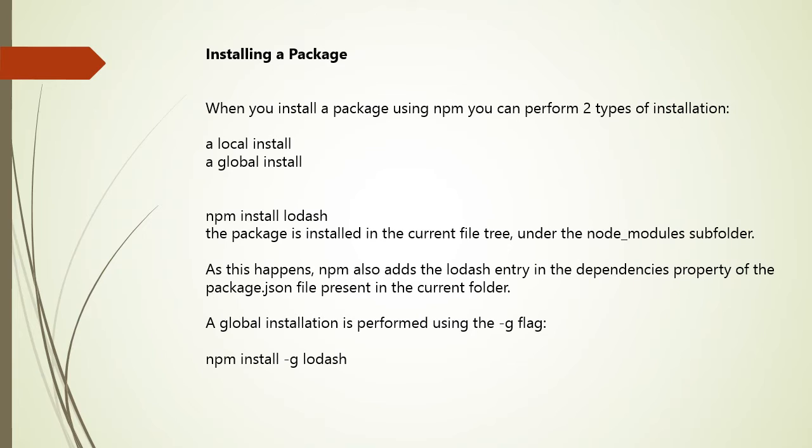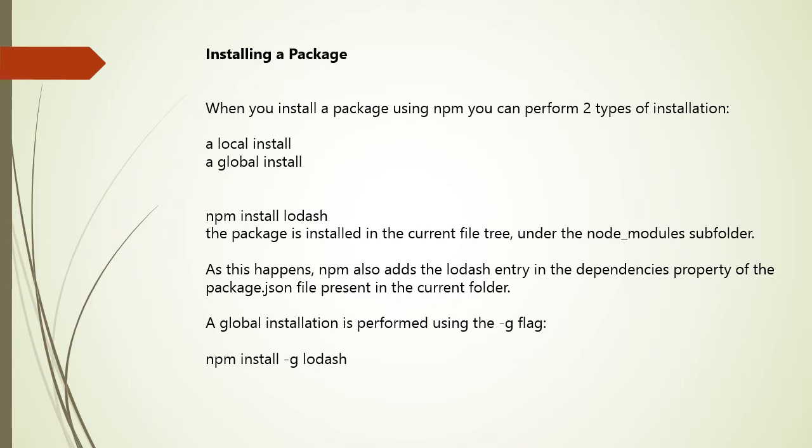Now when you install a package using npm, you can perform two types of installations: local install or global install. By default, when you type an npm install command like npm install lodash, the package is installed in the current file tree under the node_modules subfolder.